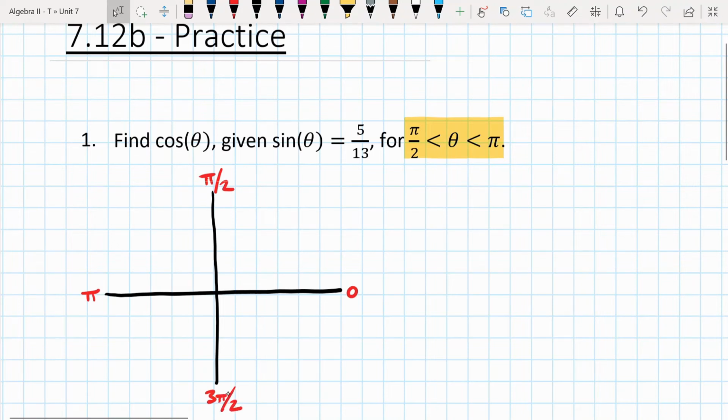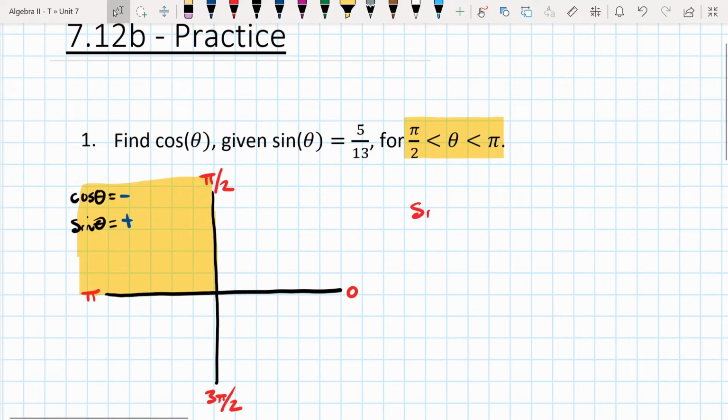If we're between pi over 2 and pi, that's going to be over here. We know that in the second quadrant, cosine, the x value, is going to be negative, and the sine is going to be positive. They're above the x-axis.